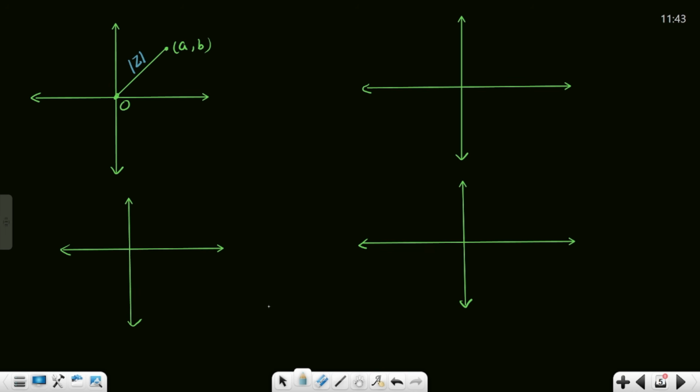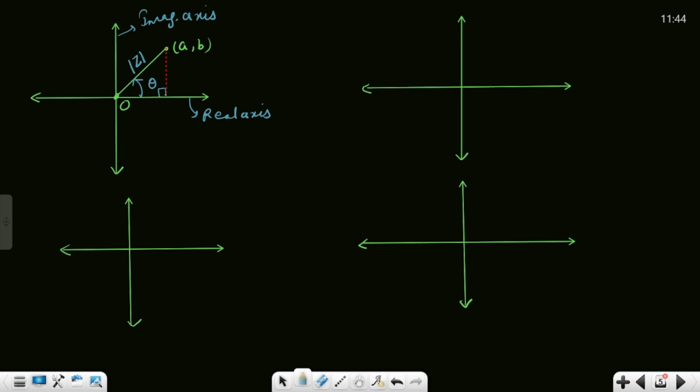If I want my argument theta, this is our theta, this is our real axis, and this is our imaginary axis. How will we find our theta, that is, our argument? See, it is very simple. Let's suppose I drop an altitude from a comma b to the real axis.